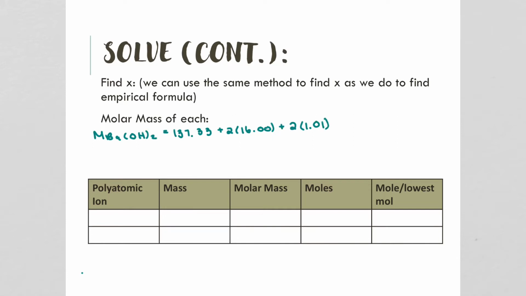And we'll add that all together. So 137.33 plus 32.00 plus 2.02. The molar mass is 171.35 grams per mole.